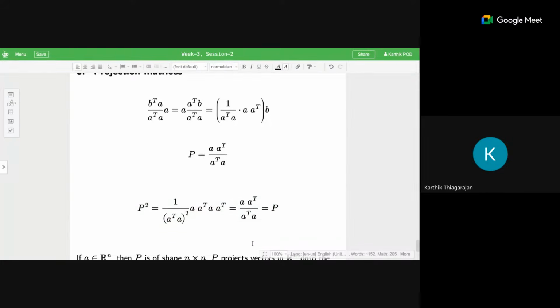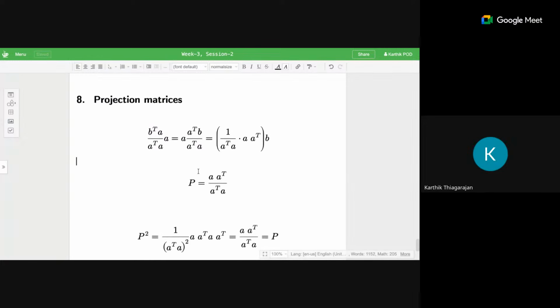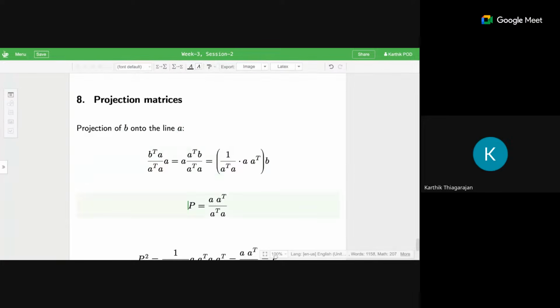So where does B go? This is the projection of B onto the line A that is given by this. But if B keeps changing, what is the matrix that is responsible for the projection?